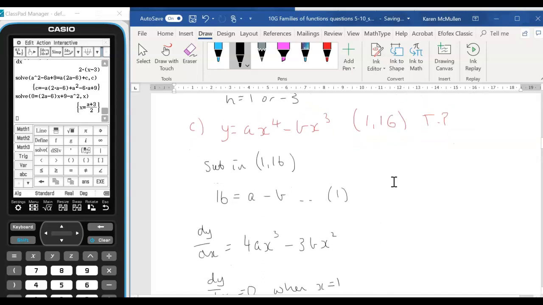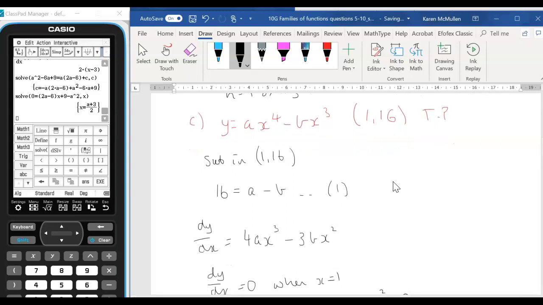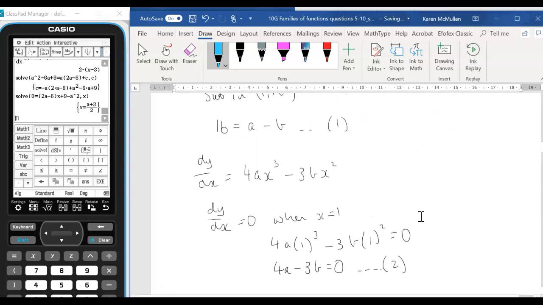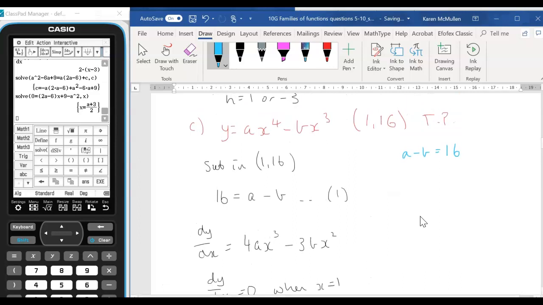All right, so now we've got two equations: a minus b equals 16, and our second equation, 4a minus 3b equals 0. We could easily do that by hand, but I'm just going to do it on the calculator. I did one of these the other day and I chose the wrong thing, so let's make sure I choose the right one.